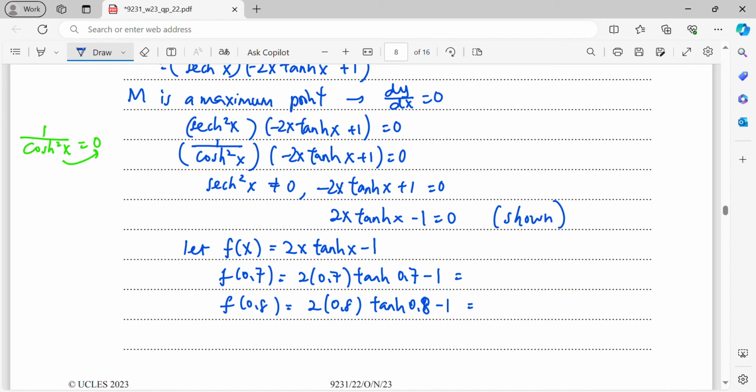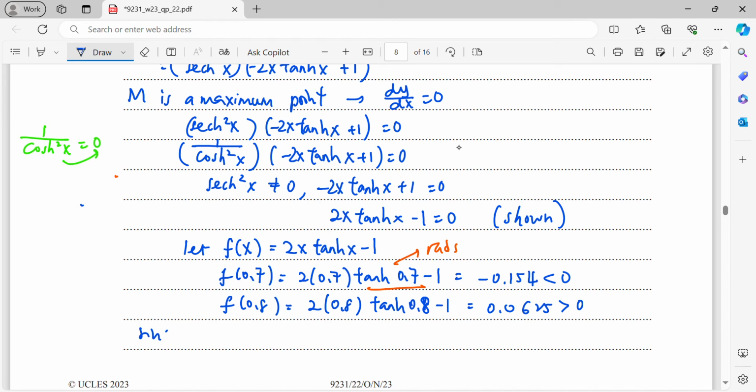When you calculate, make sure you change the mode of your calculator to radians. Then from here, you will get the first value as negative 0.154, which is less than 0, and the second value is 0.0625, which is greater than 0.